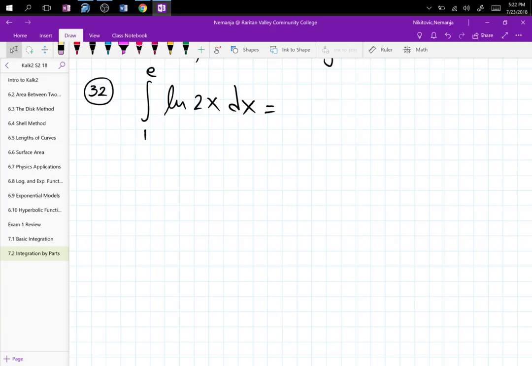For the inside, I can write the regular formula, which is uv minus the integral of v du, right? Show me.